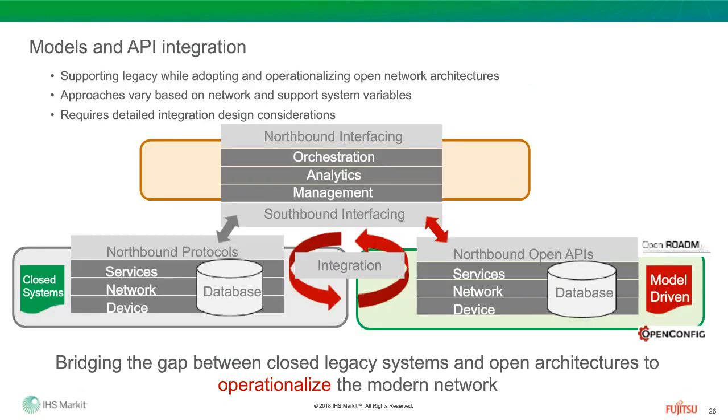So just digging a little bit deeper into that discussion, while we support our legacy northbound, our closed systems, we can look at leveraging domain controllers and orchestration systems through open APIs northbound to streamline that transition, and then southbound begin to implement our open models, open ROADM and open config, which we've discussed, at the network services layer and network management perspective, and bringing that integration together to migrate from our legacy systems and deploy and start to seed that network in the transport space.